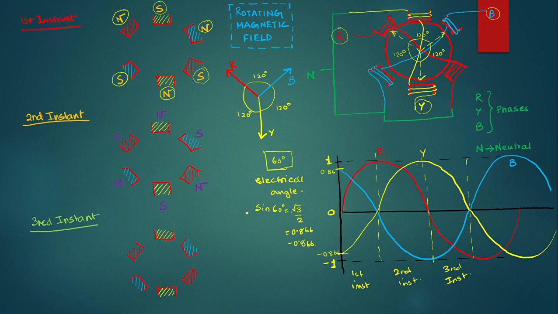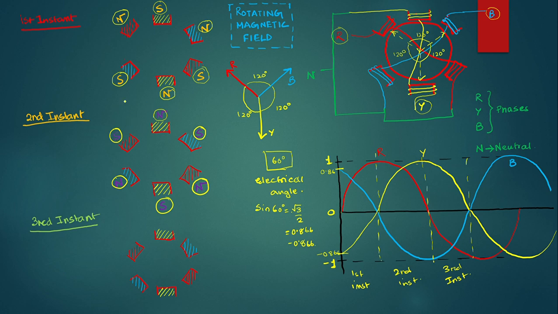Now here we can see the south pole has changed into a north pole, right? And similarly for all the cases, this will be changing to south pole, this will be changing to south pole, this will be changing to north pole, south pole, and north pole. Now what we see is that we consider these poles as rotating.